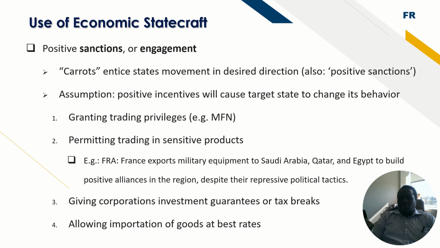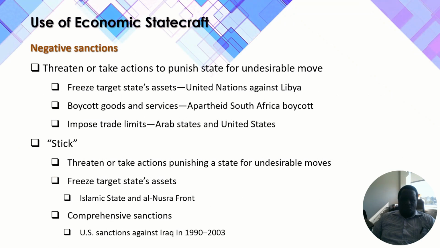So they might include something like trading privileges, like the most favored nation, being allowed to buy sensitive products. So for example, the US F-35 joint fighter, which certain countries have been allowed to buy, or giving corporations investment guarantees or tax breaks. And as we mentioned, the most favored nation status.